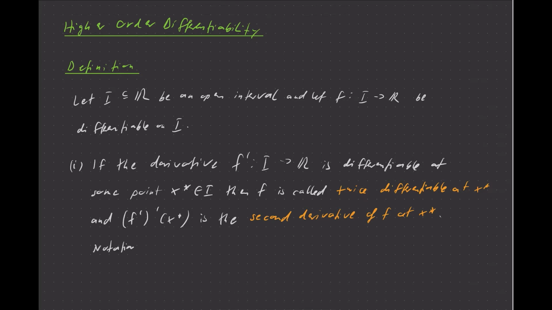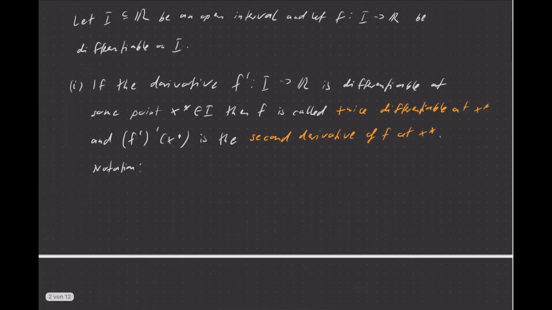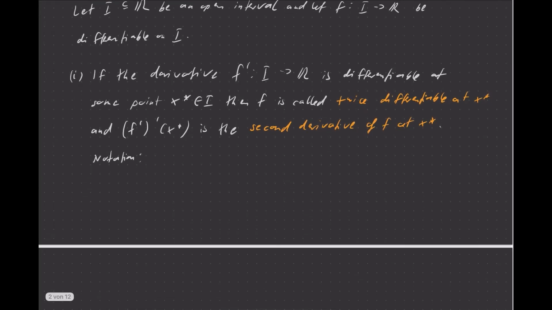The notation for that second derivative is similar to the one for the first derivative. The most common one is to either just write f double prime at x star, or, and that is convenient, especially if the numbers get higher, f superscript 2 of x star, like this. Also, the more traditional notations are possible.